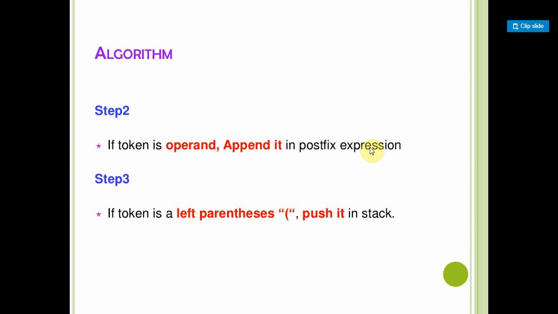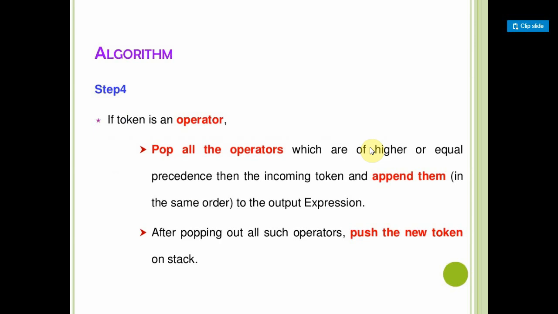Step 3: if the input is a left parenthesis, meaning a left bracket, then simply push that parenthesis into the stack without doing anything. Step 4: suppose the input is an operator, while you are scanning the input from left to right.